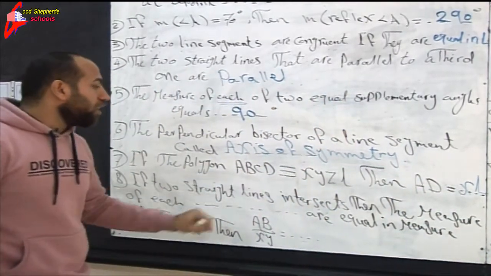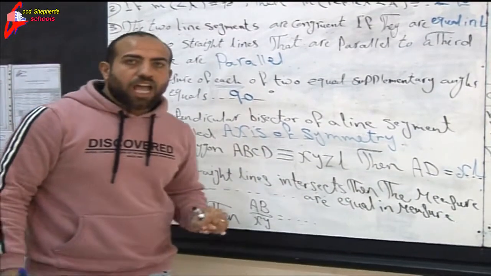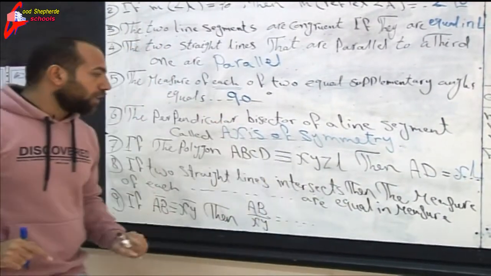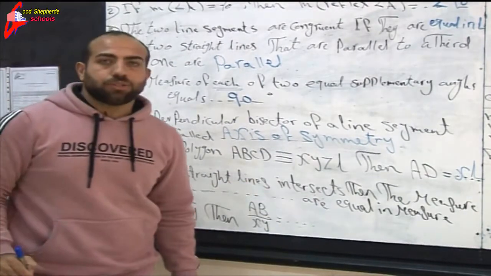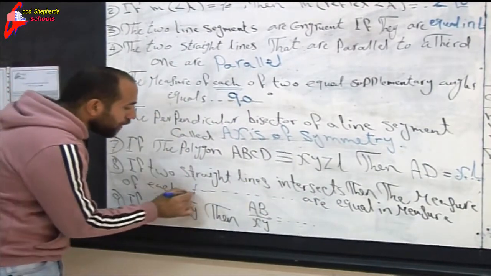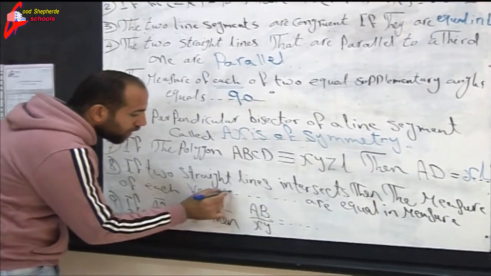If two straight lines intersect, then the measures of each two vertically opposite angles are equal.